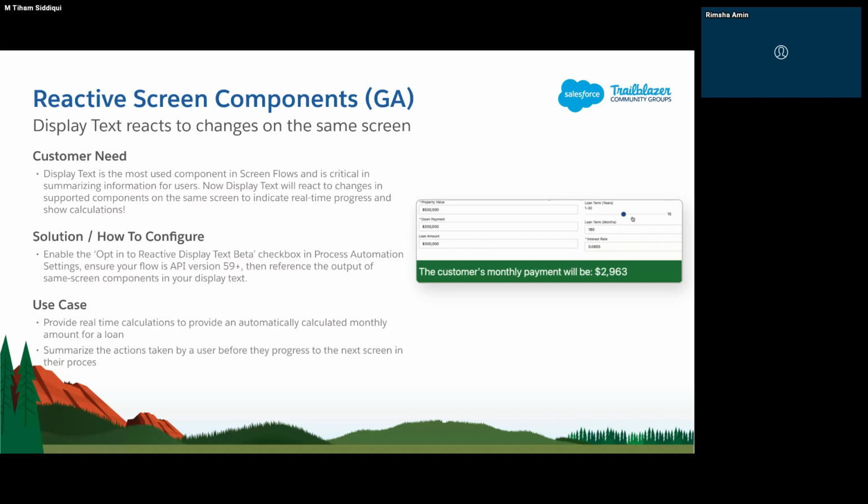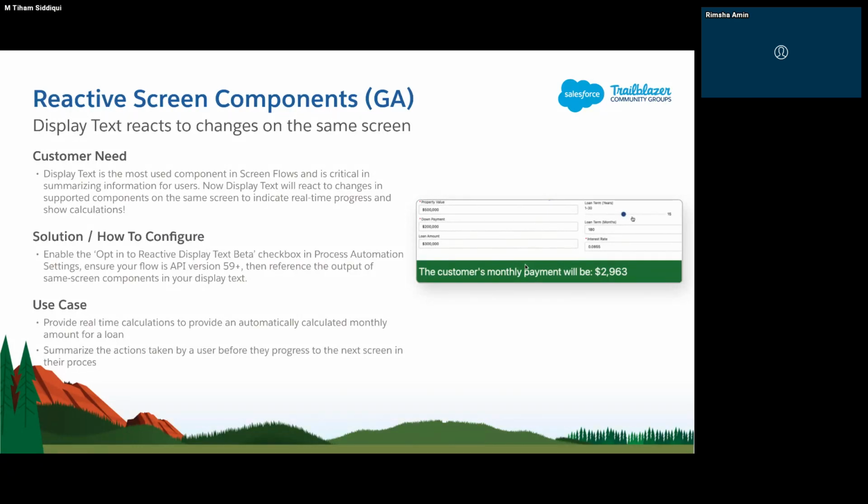And there's another example of reactivity, by using the display text. In this image there is a slider, and there's some calculation happening behind this flow.